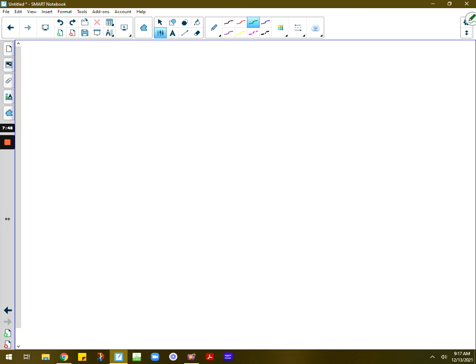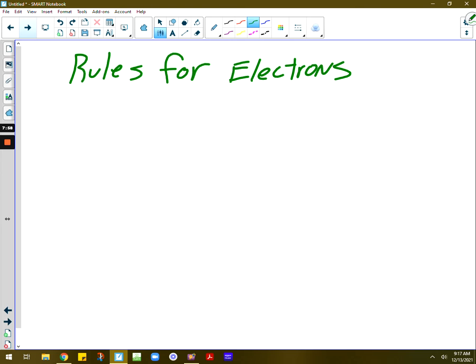Okay, so the rules for electrons. Things to keep in mind: our picture of the electron has changed over the years since we first discovered it with Thomson's experiment up until our most recent understanding.